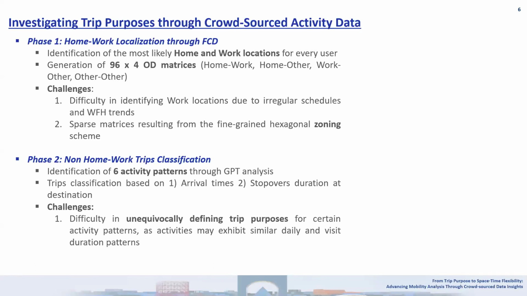Because in each cluster we have very different activities. So I think that now we can start with the first spin-off of this research, that is how we can deal with an optimal traffic zoning system to reduce the empty cells in our OD matrices. And I will give the floor to Marisdea for this specific topic. Thank you.